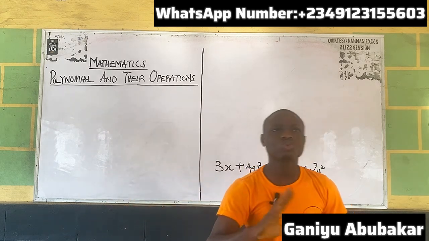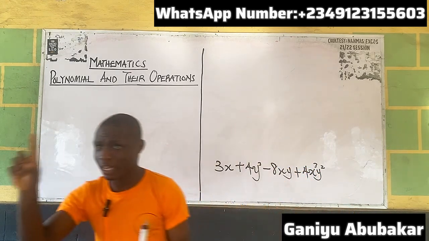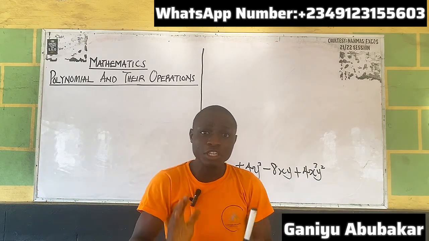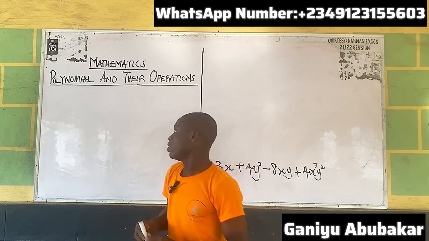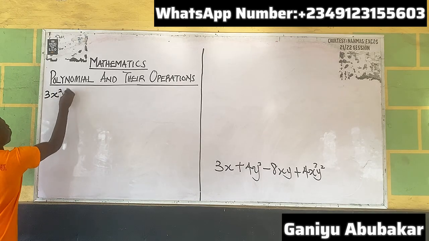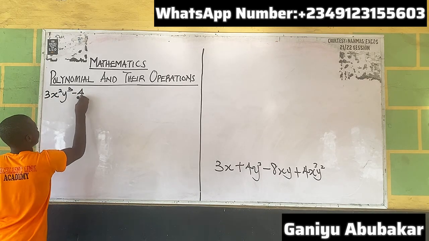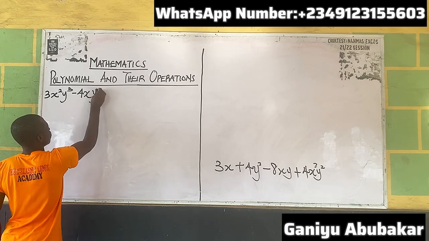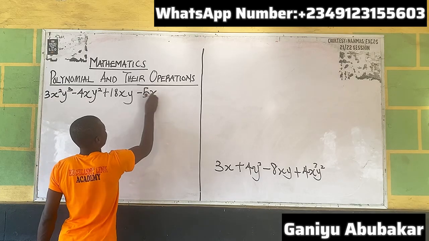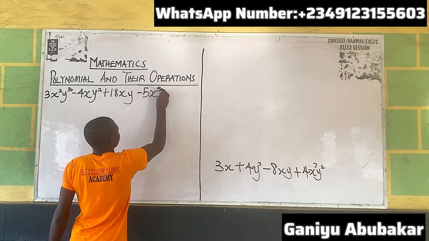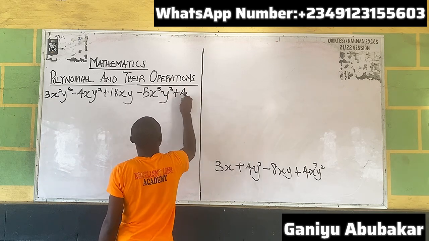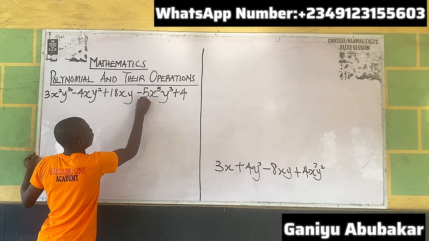I will give you 2 distinct examples of polynomials, and show you what you should always watch out for to identify the real polynomial expression. Example 1: 3x squared y cubed minus 4xy squared plus 18xy minus 5x to the power 5 y to the power 3, plus 4, and I have 5 over 2 here.